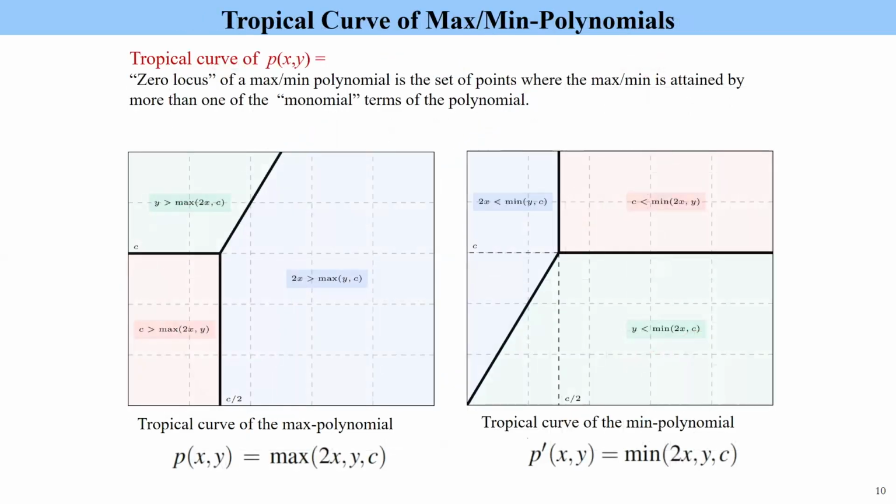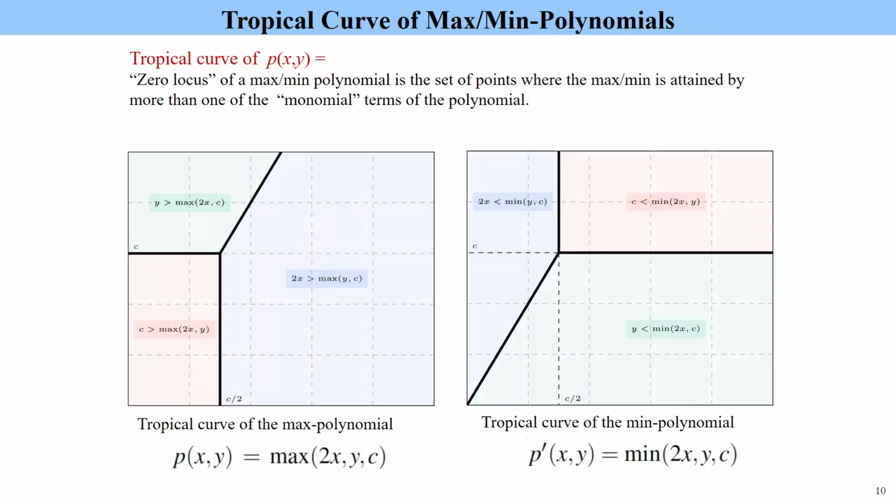Another tropical object of interest is the so-called tropical curve of a tropical polynomial. It's the analogue of the zero locus of a classical polynomial. So the tropical curve of a tropical polynomial is the set of points at which the maximum or minimum is attained by more than one of the monomial terms.